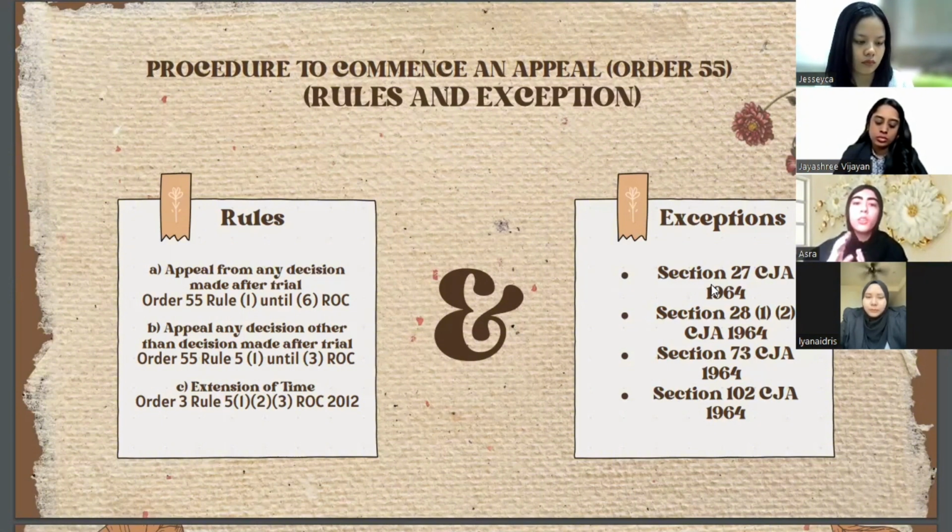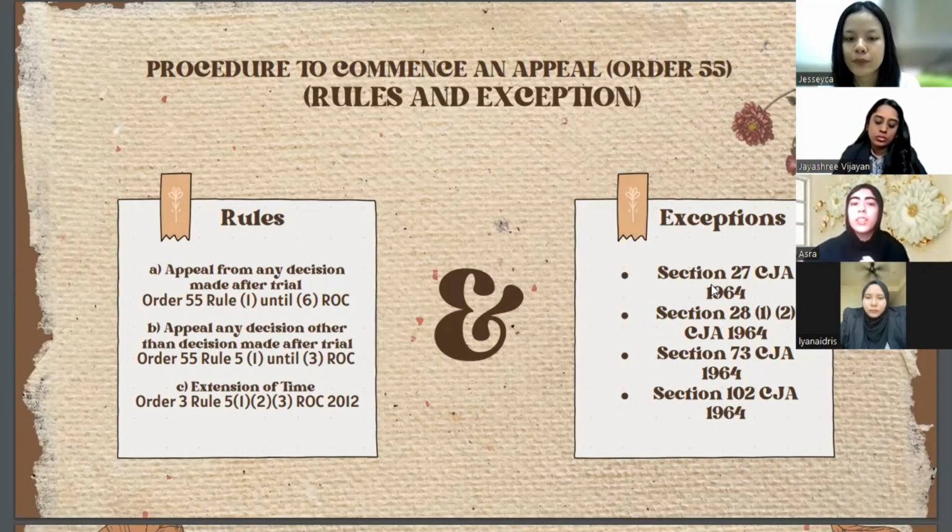This section pertains to appellate civil jurisdiction. The second one is Section 28 Clause 1, Courts of Judicature Act 1964, which states that subject to any other written law, no appeal shall lie to the High Court from a decision of a subordinate court in any civil cause or matter where the amount in dispute or the value of the subject matter is RM10,000 or less, except on a question of law.